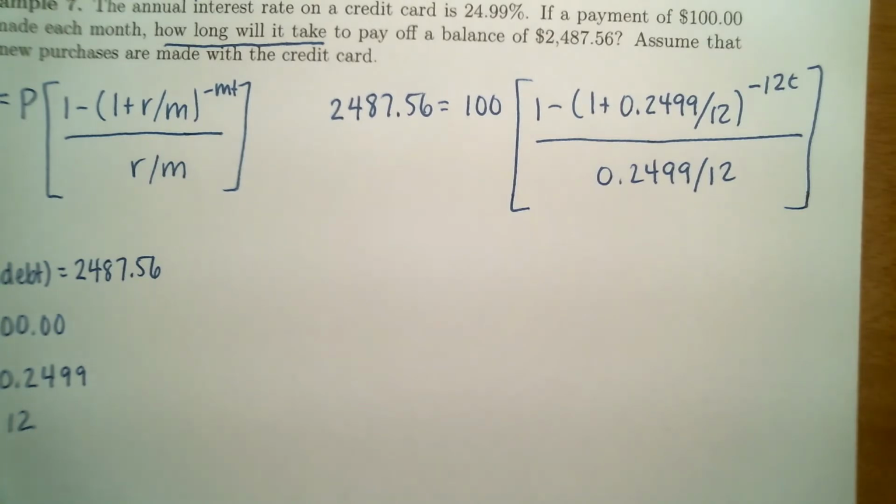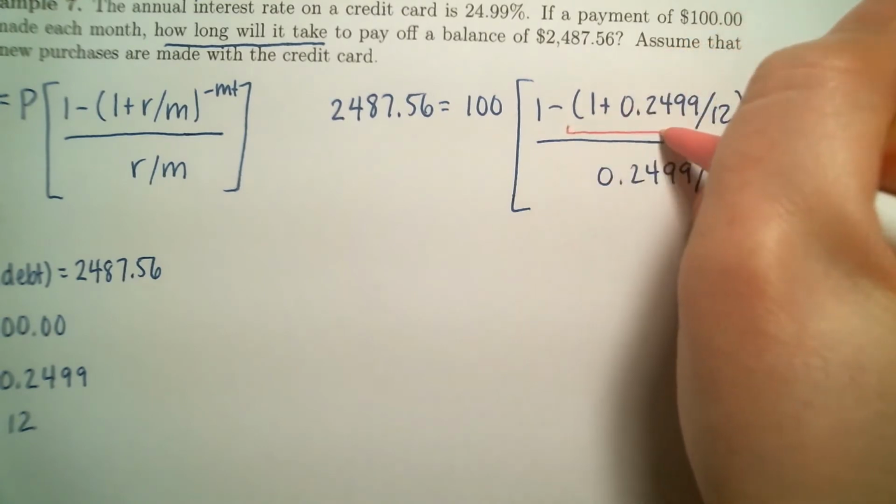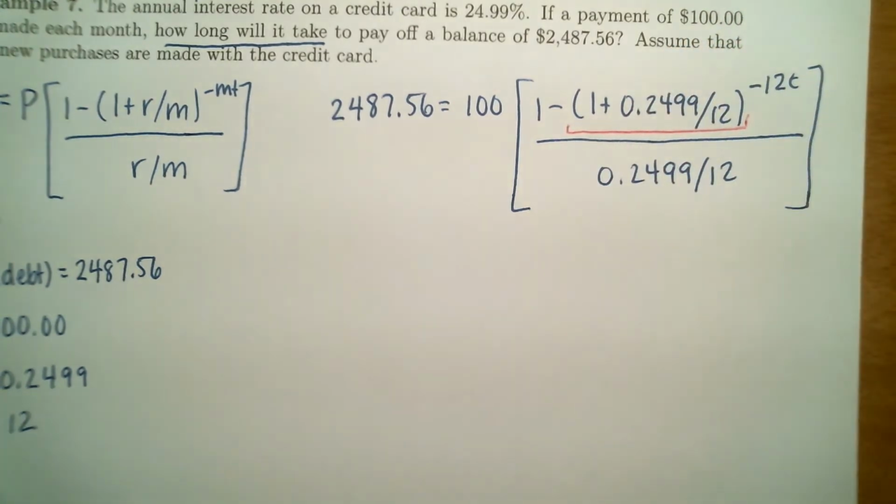T is in the exponent, so you're going to have to get it out of the exponent. You're going to have to isolate the stuff in parentheses, because that is what's being raised to the negative 12t power. Once it's isolated, you're going to have to involve a logarithm.